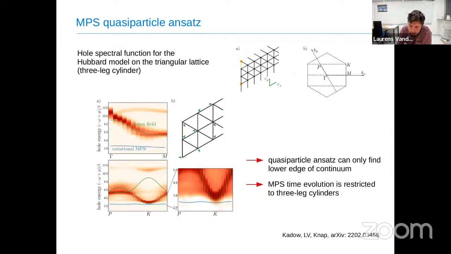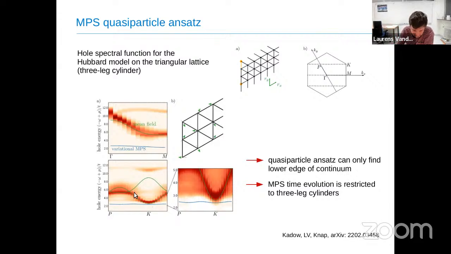But let me now go back to this Hubbard model on a triangular lattice that I talked about before. Then we also did this variational MPS method, the quasi-particle ansatz. And now you actually see what the problem is with this ansatz. What it essentially does is always find the lowest lying state with a certain momentum.